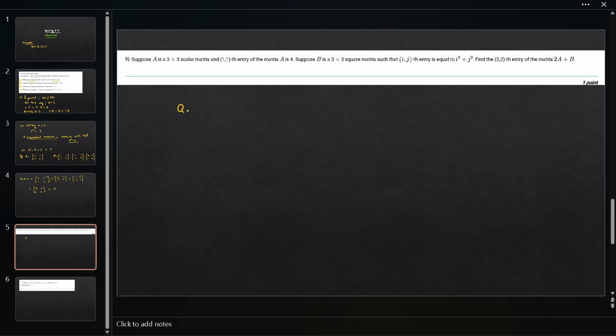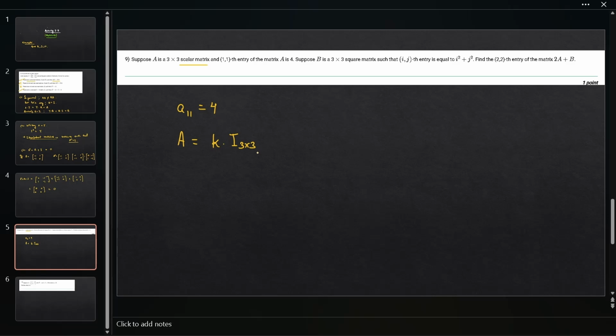Since A is a scalar matrix of order 3 cross 3, A could be written as K times some identity matrix of order 3 cross 3. Because we know the value of A11 is 4, that means the value of K is 4 as well.